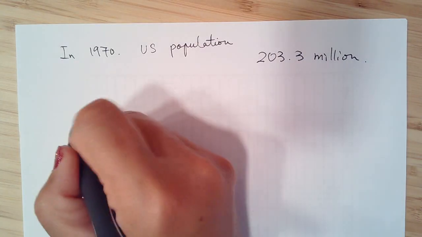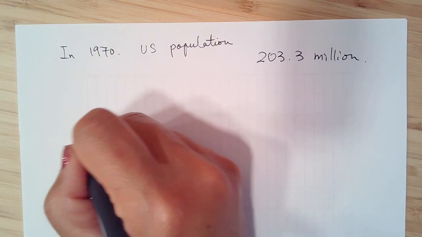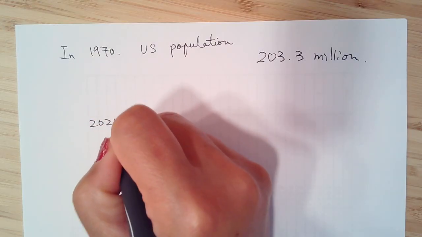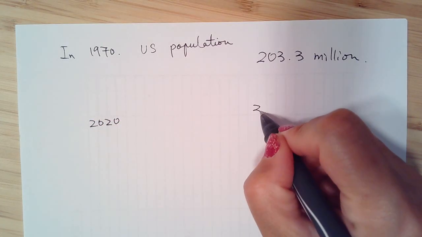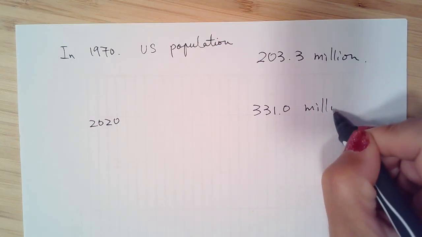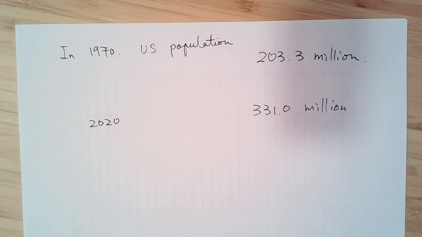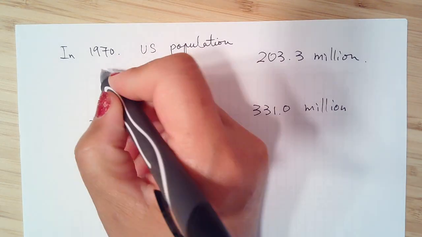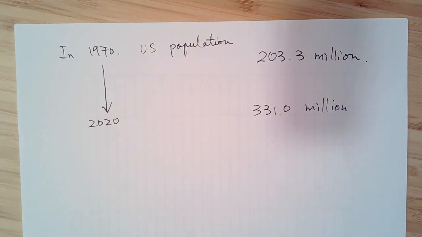Okay, and by 2020, the population is 331.0 million. Can you find the exponential growth function that models this data from 1970 to 2020? Can you find it? Okay, that's the first question.